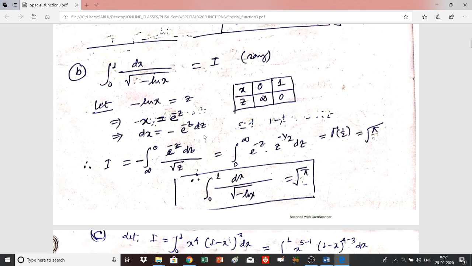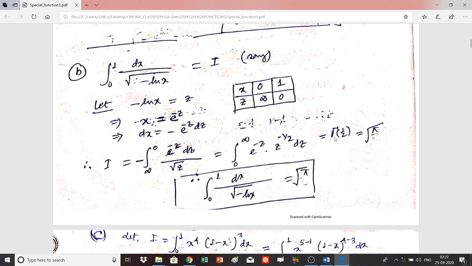Then, since the limits have been changed, the integral is from 0 to infinity and the negative sign disappears. So that is equal to the integral from 0 to infinity of e to the power minus z, z to the power minus half dz, and you know that this is nothing but gamma half.